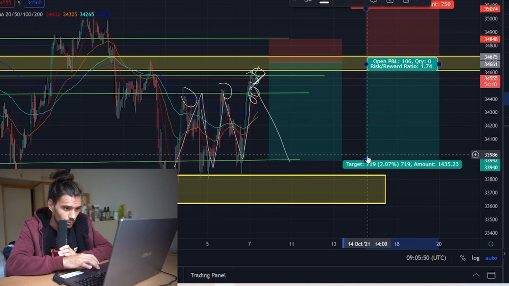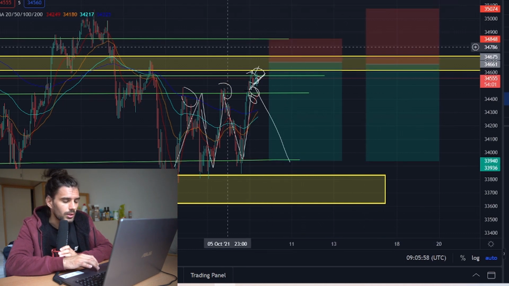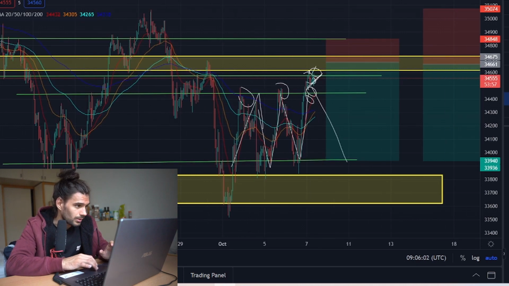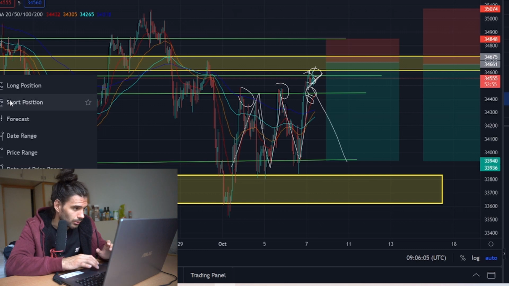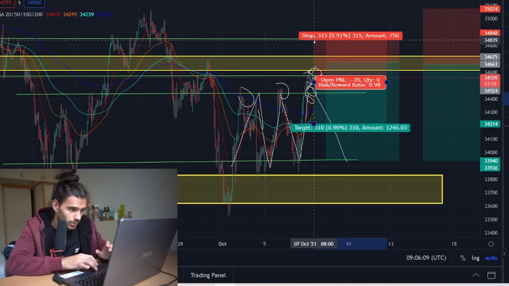Here you would have a risk of 1.75 roughly, if we adjust it a little bit, and here about 4.25. So I already took the trade, as I showed you, which was here somewhere.